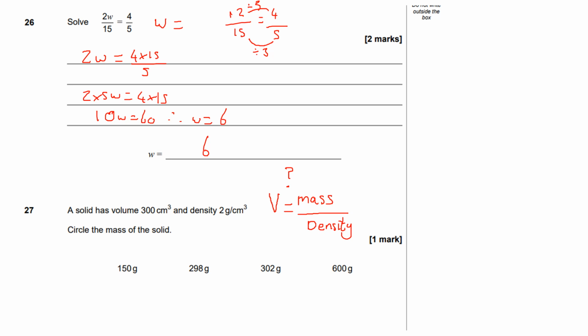So density times volume is 300 times 2 gram per centimetre cubed, which equals 600 gram. And is that one of the options? 150, 298, 302, and then 600 at the end here. So we know it's 600 gram.